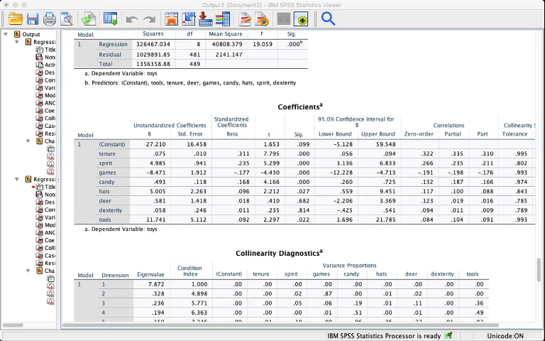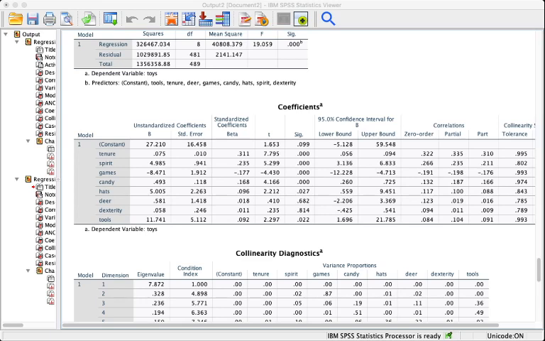So we can see that all but dexterity and deer, everything else is actually significant. It's explaining a significant amount of variance. And I'm telling that, again, simply by this significance column. When you're reporting this, you want to report the t and the significance.